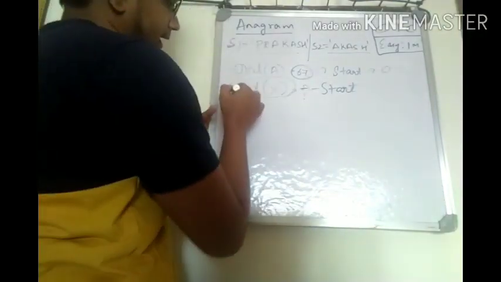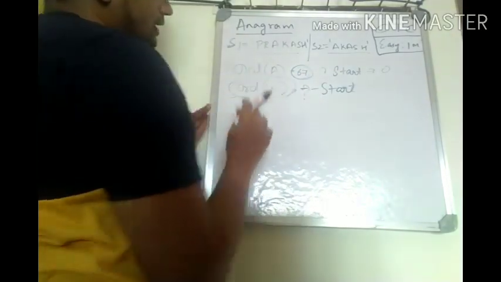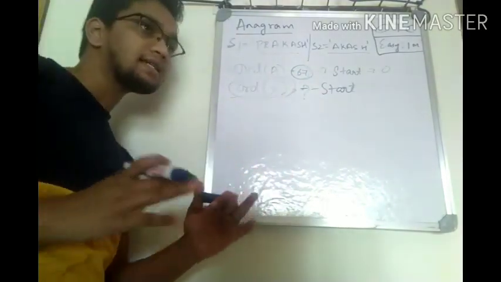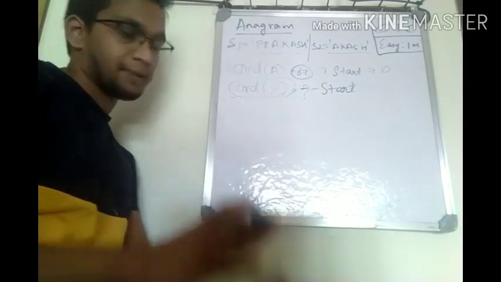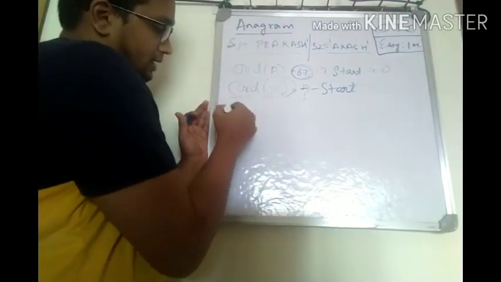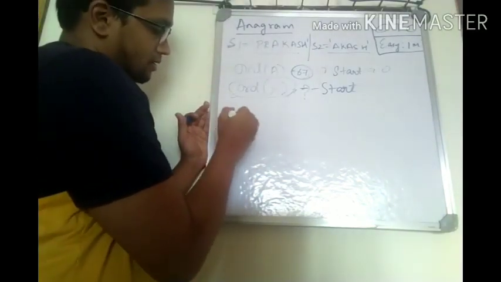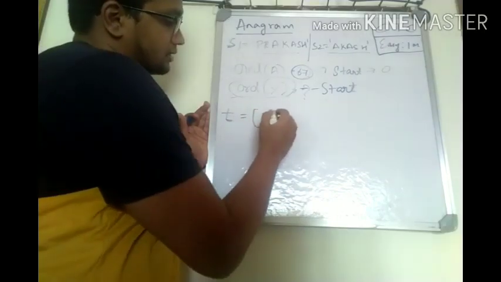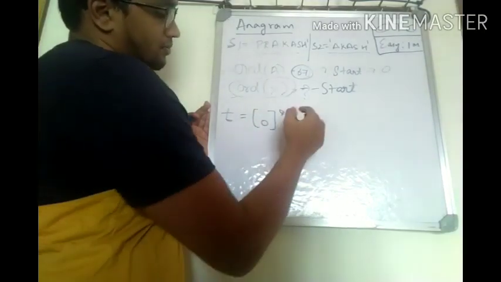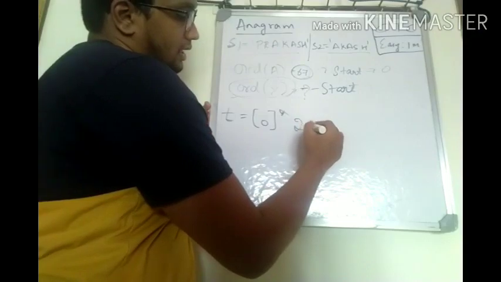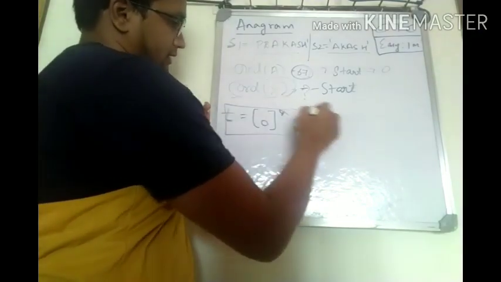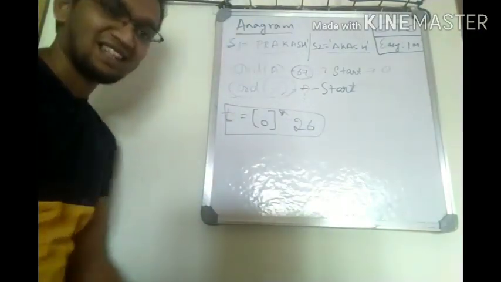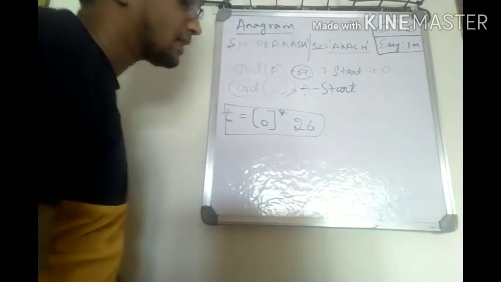So by doing this, we literally create a temporary array and we'll just push the elements onto the array. Let me create a temporary array T. Let me initialize its values with 0, and the length of the array will be 26 because there are 26 alphabets in English. That's simple.